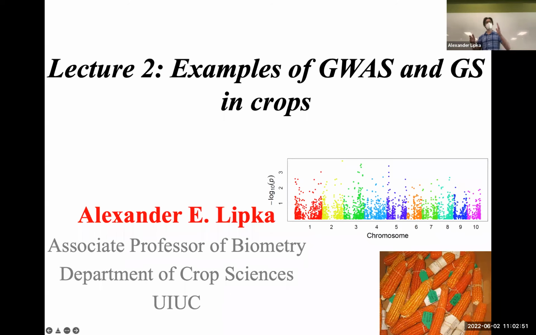I'm going to show some specific examples of GWAS and genomic selection in crops. And what I'm going to try to do, no guarantees, is finish this by 12 p.m. so that all of you can go enjoy a nice lunch at the nearby campus restaurants in Champaign-Urbana. And those of you in different time zones, have a nice break, and I will answer emails.